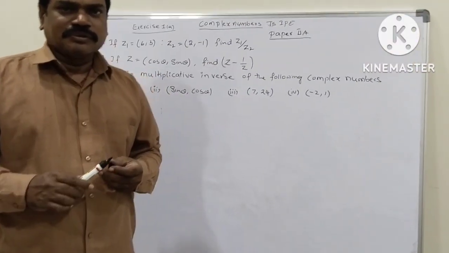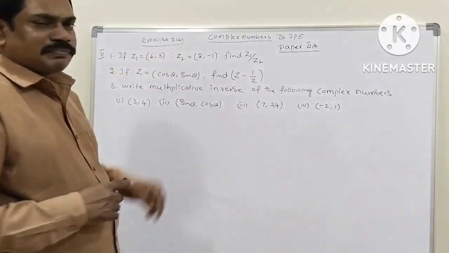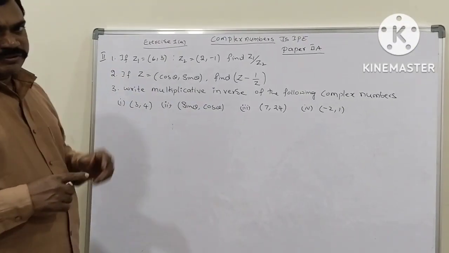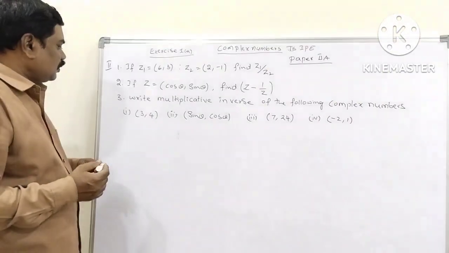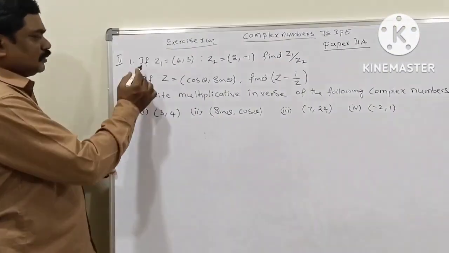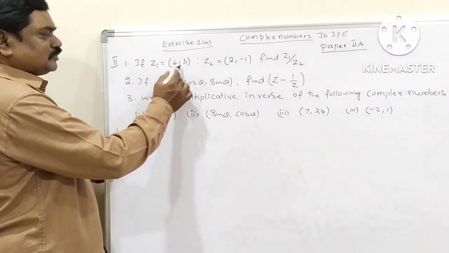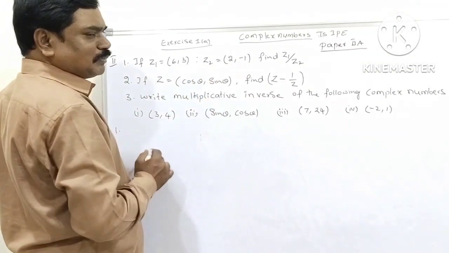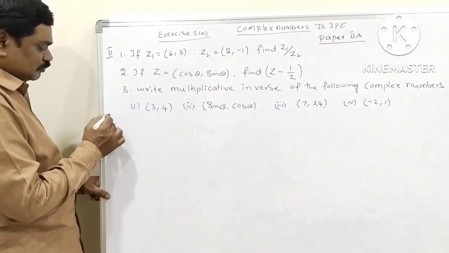Dear students, we go for Exercise 1A, second section. First section completed. Second section, first problem. You see, all of you? What is the first problem here? If z1 is equal to (6, 3) and z2 is equal to (2, minus 1), find z1 by z2.